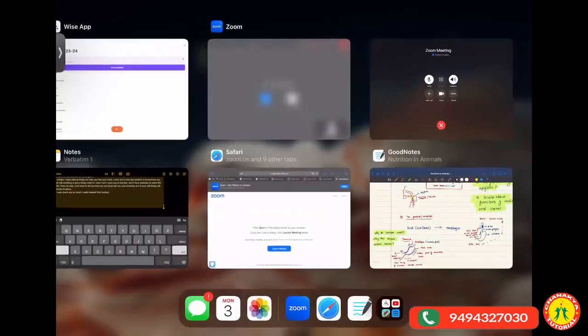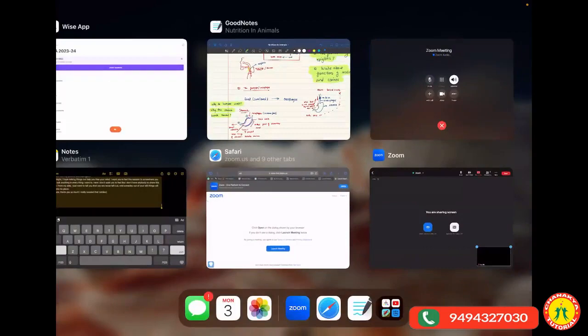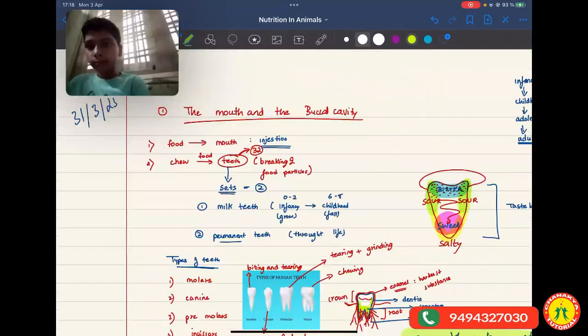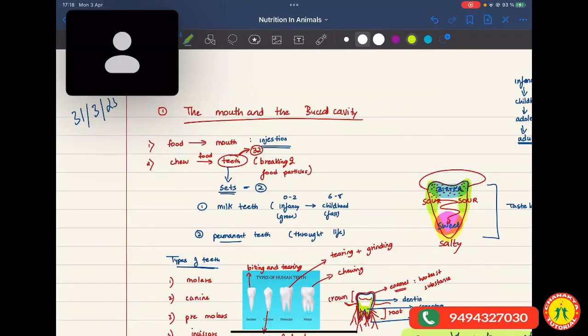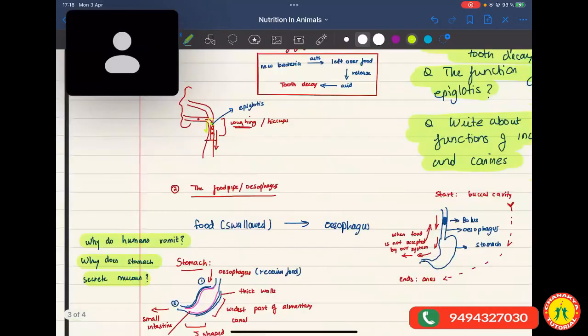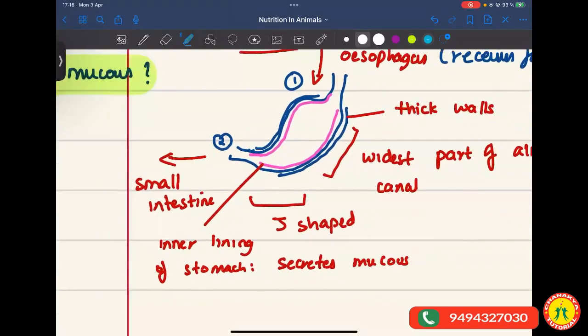Okay. All right. So we saw that the mucus lining is present in the inner lining of the stomach. Anyone has any idea why it is present? Ma'am, to control the HCl acid. Okay. So I've already mentioned to you earlier, there is an acid present inside the stomach.